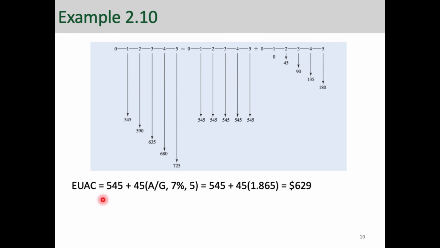And once you do that, the equivalent uniform annual cost is 545, which is the uniform cash flow, plus 45, which is the amount of gradient, times A given G. Same idea that we just talked about. And that will give you 629, meaning that this cash flow is equivalent to a uniform cash flow at 629 over the same period, 5 years.